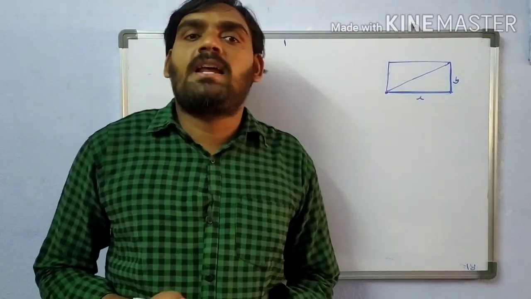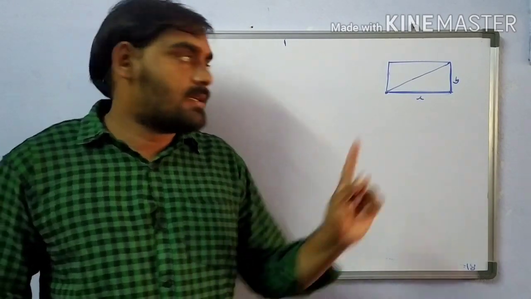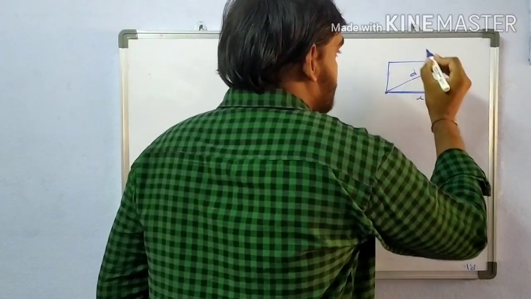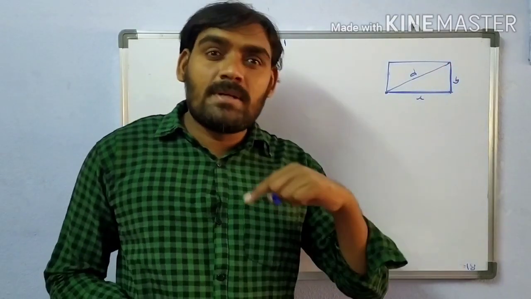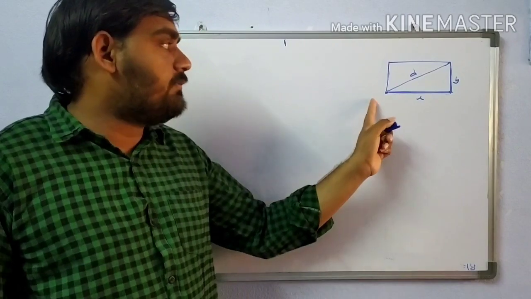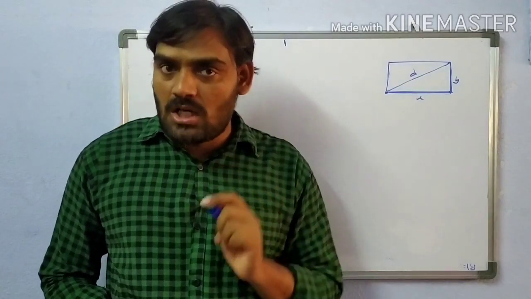A line segment joining two non-adjacent vertices is called a diagonal. So here, this is the diagonal D. In this problem, the diagonal is 60 meters more than its shorter side, and the larger side is 30 meters more than its shorter side.